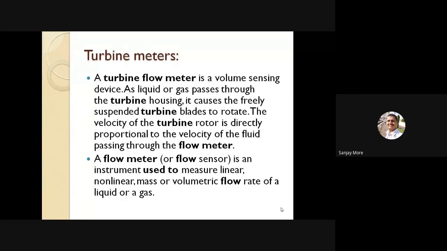A turbine meter is an instrument used to measure linear, non-linear, mass or volumetric flow rate of liquid or gas.